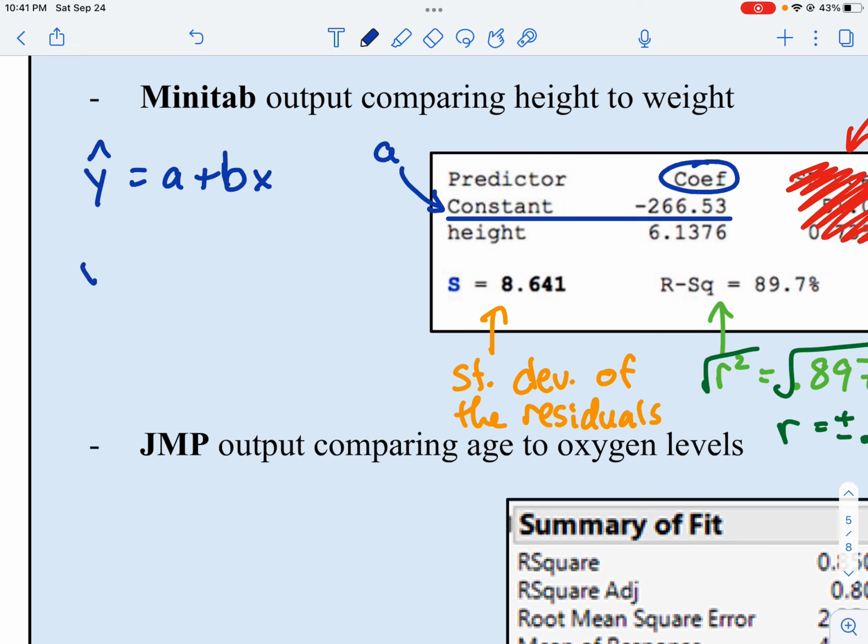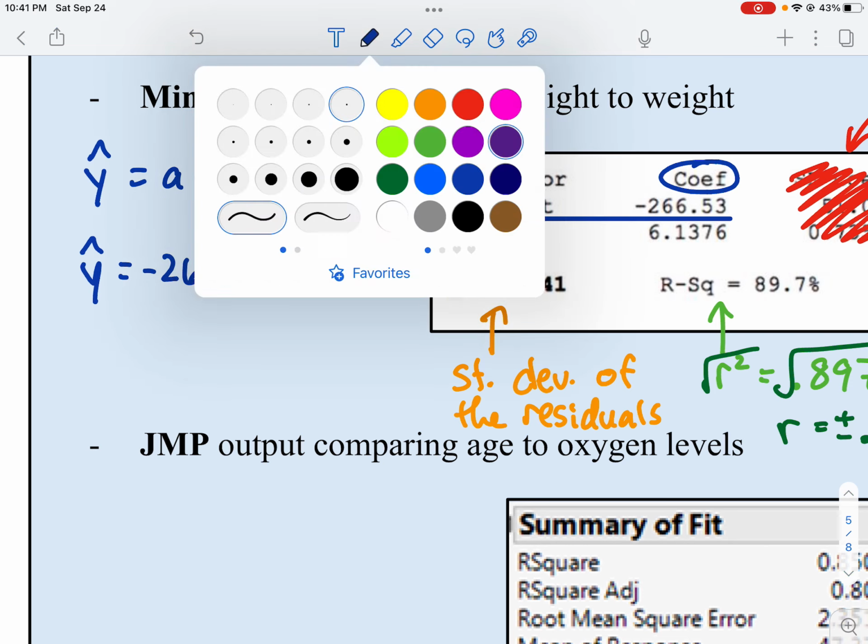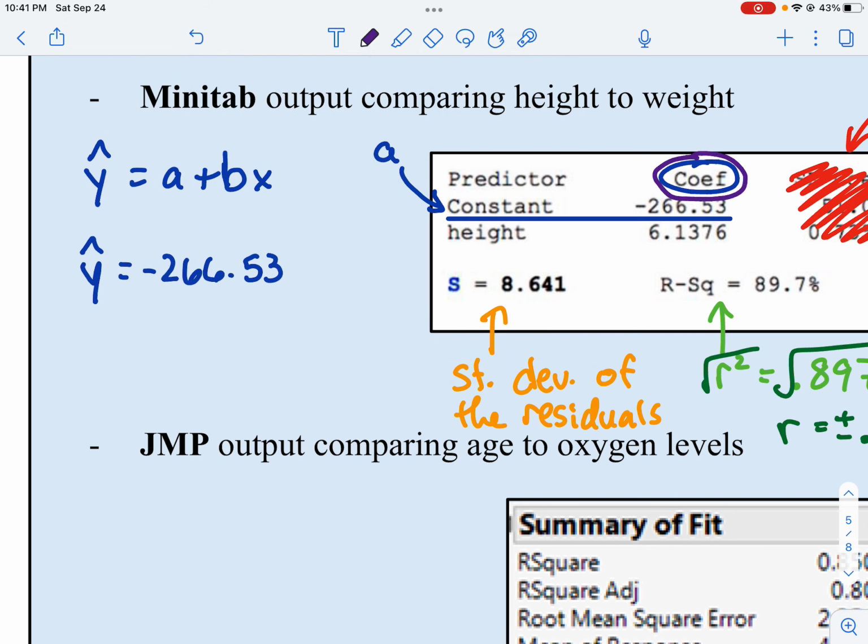So my least squares regression line is going to be y equals negative 266.53. And then I need to know what's my b value. Well, my b value is just very simply going to be the coefficient of height. My height is my explanatory variable, my x.